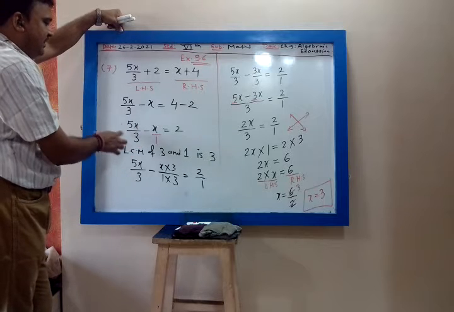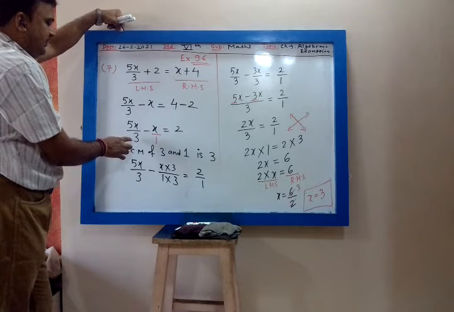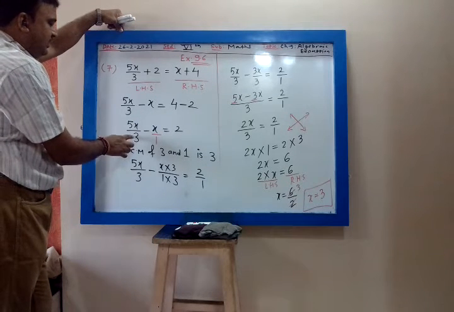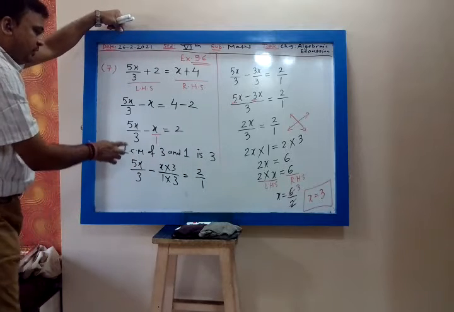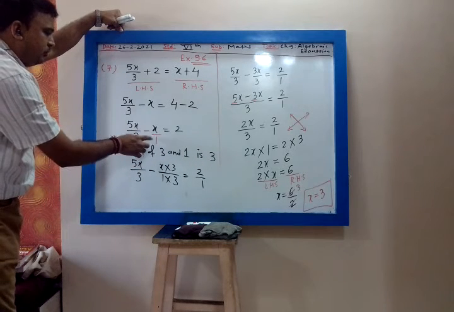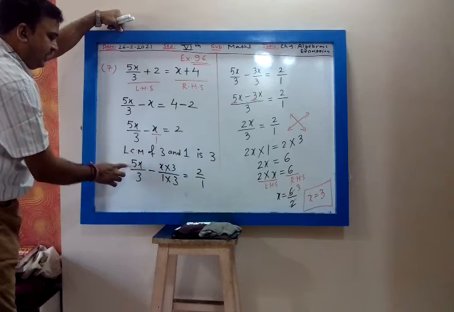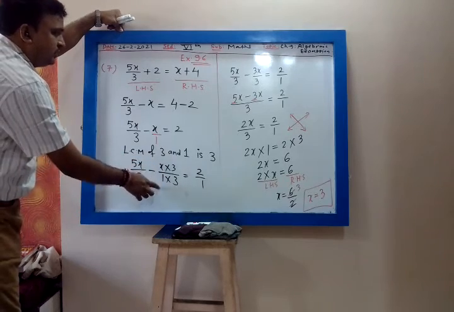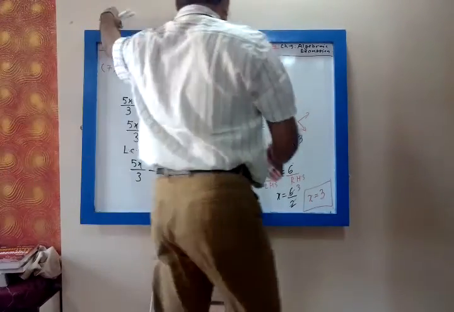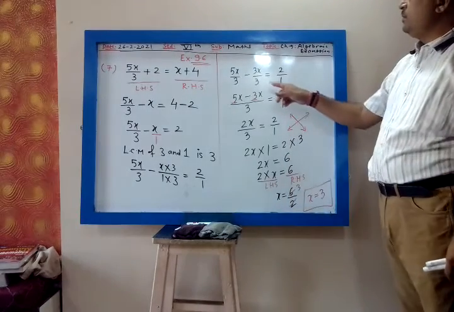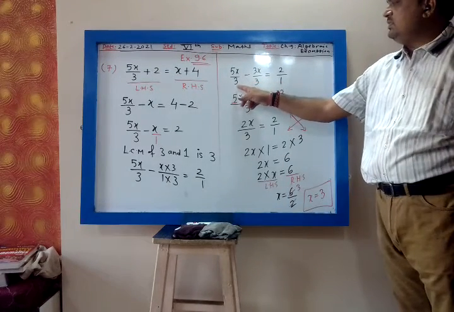Now on the left hand side, we have to simplify. So I will take the LCM of the denominators 3 and 1, which is 3. So this is 5x upon 3. To make the denominator 3, I will multiply and divide by 3. So 5x upon 3 minus 3x upon 3 is equal to 2. 2 we write 2 upon 1. Now denominators are same, 3, 3.